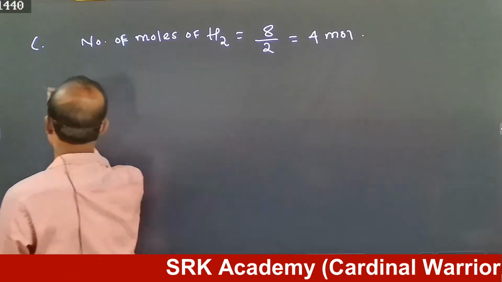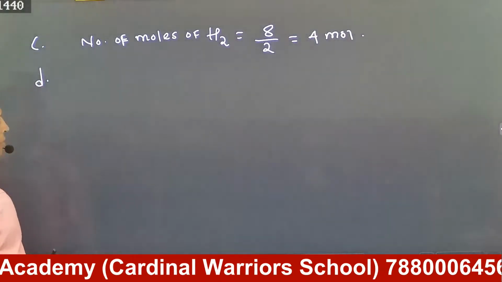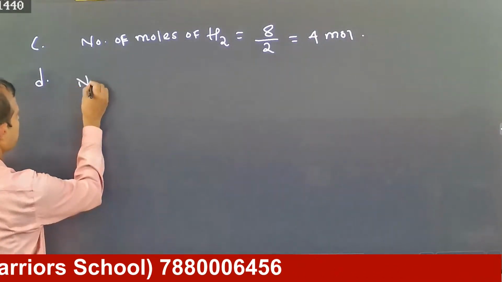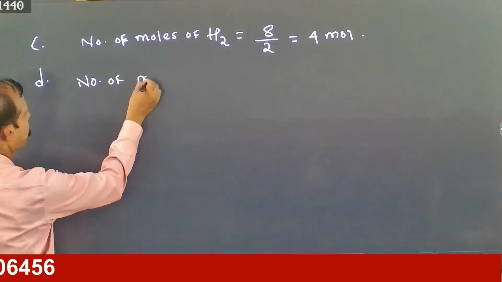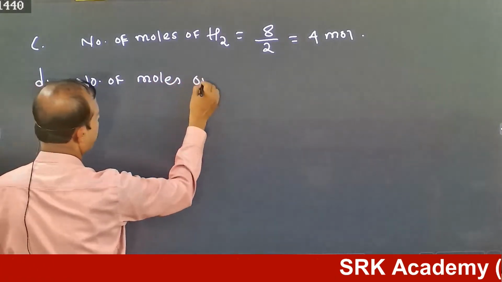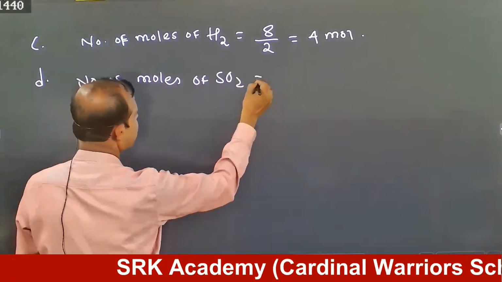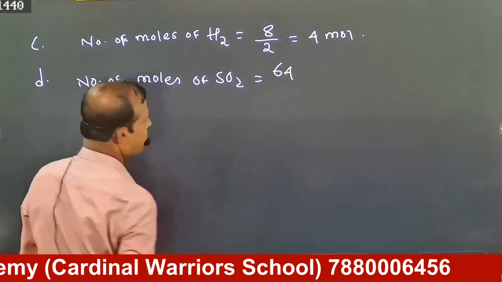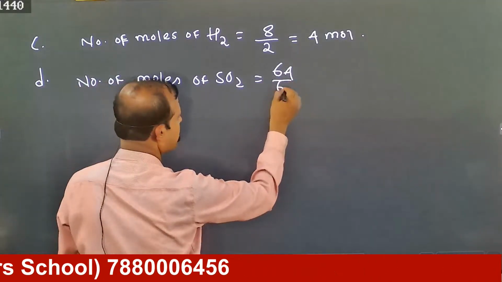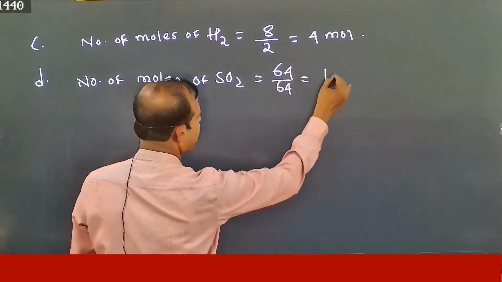And D, 64 gram of SO2: given mass is 64, molecular mass is also 64. 64 divided by 64 is 1 mole.